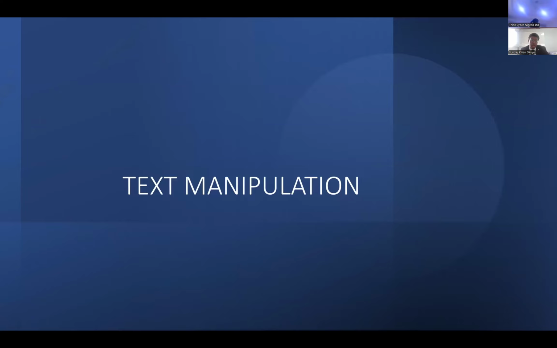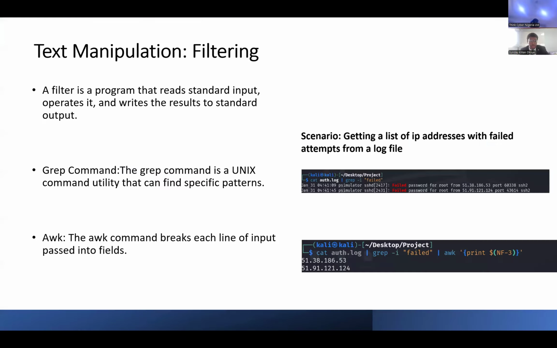Okay. So we have text manipulation. Text manipulation involves filtering inputs, then outputting a result. We're using a scenario here, getting a list of IP addresses with failed attempts from a log file.